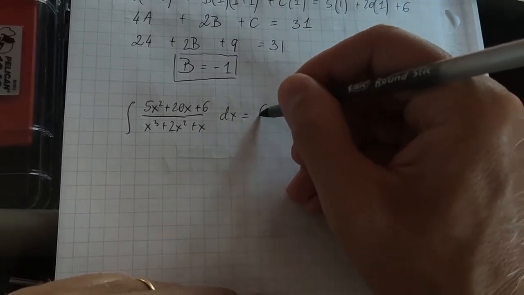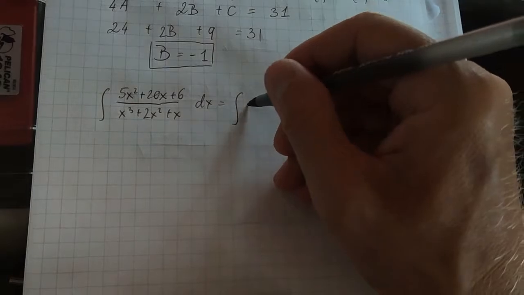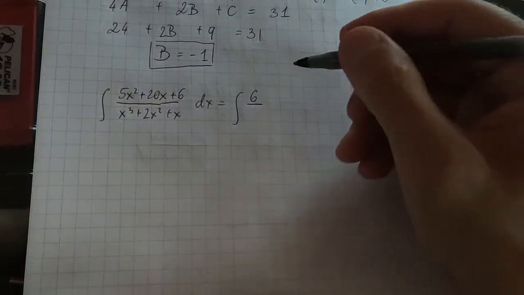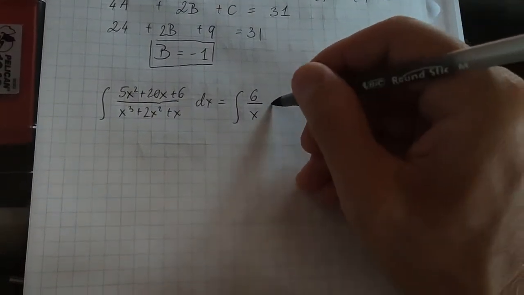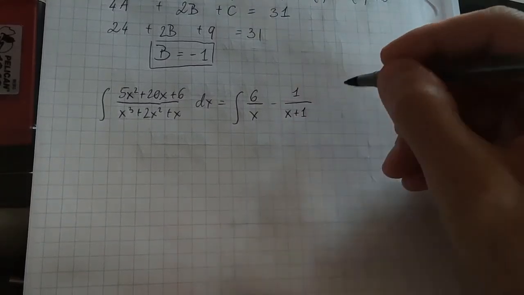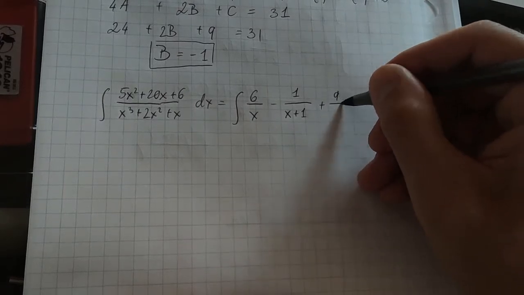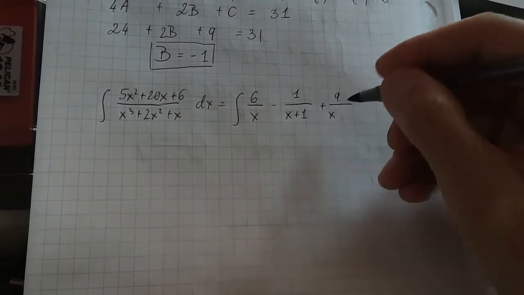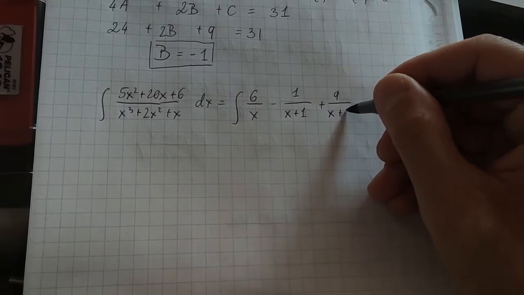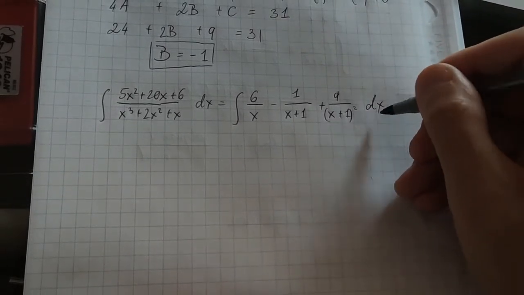So now we'll have the decomposed fractions. So 6 over x minus 1 over x plus 1, and C was 9, so 9 over x plus 1 squared dx.